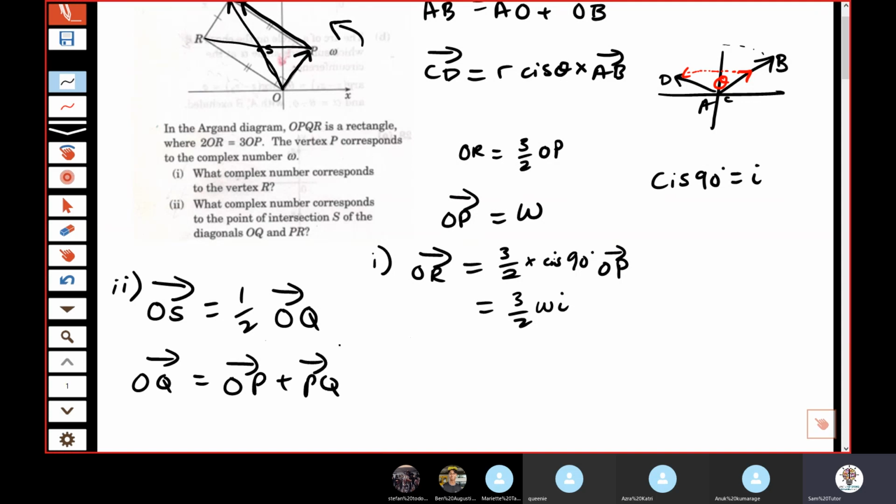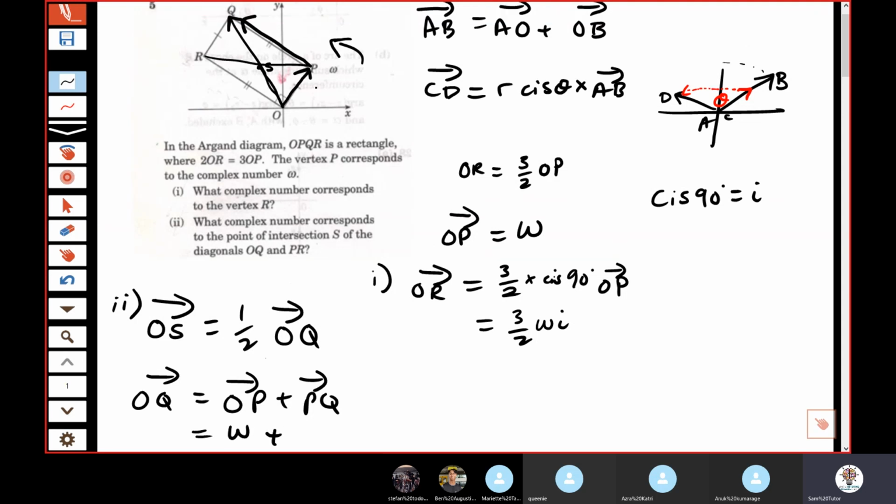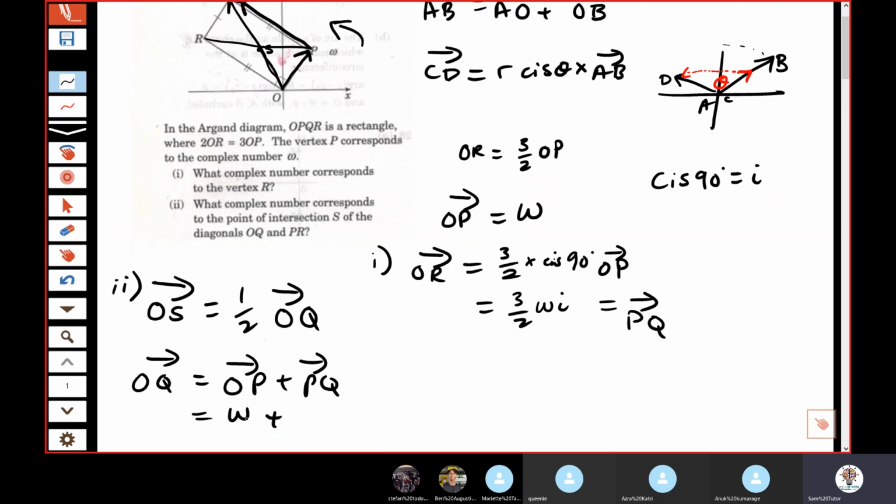What does vector OP equal to again? What does vector PQ equal to? Isn't vector PQ the same as vector OR? Same? So then that equals W plus 3 on 2 WI.